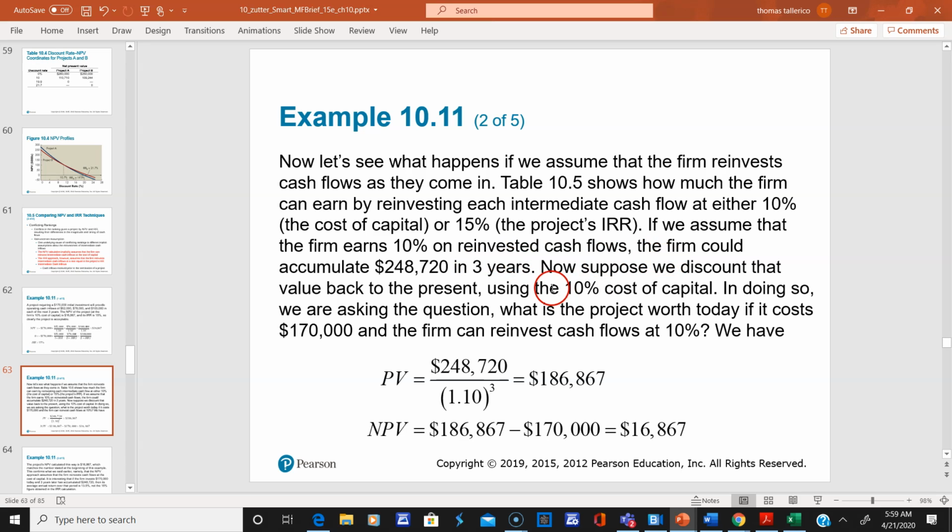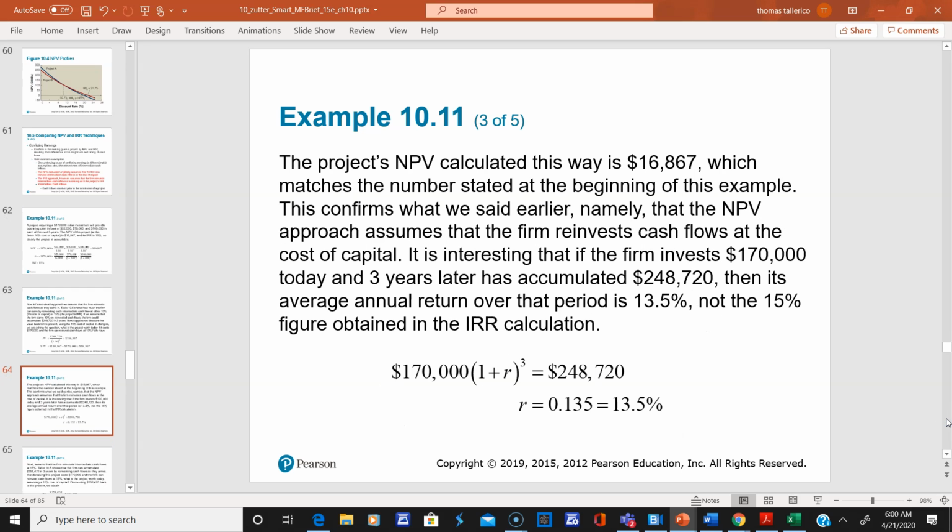Now suppose we discount that value back to the present value using 10%. In doing so, we are asking the question, what is the project worth today if it costs $170,000 and the firm can reinvest cash flows at 10%? And you can see it comes out to the net present value we talked about, all right? So that matches the number stated at the beginning of the example.